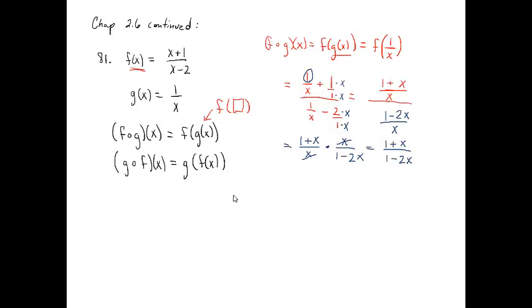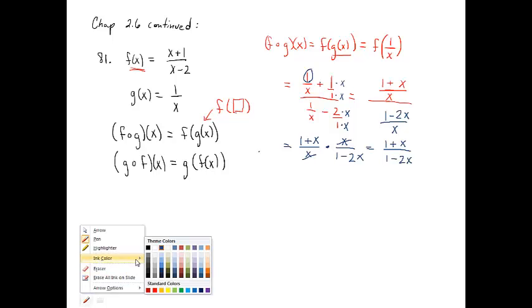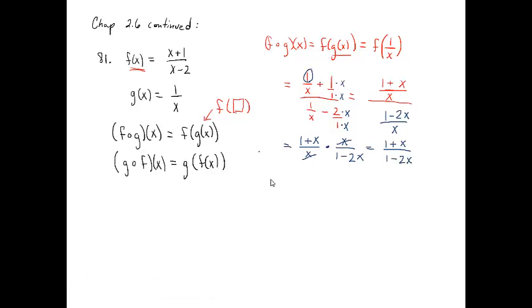Good. Now let us work on g o f while we're at it. Let me change my pen color. Let's go back to red. Alright, so g o f, which is g of f of x. So g usually has an x in there, right? g of x.